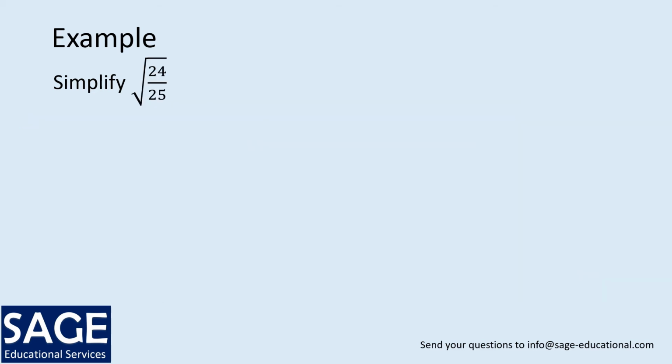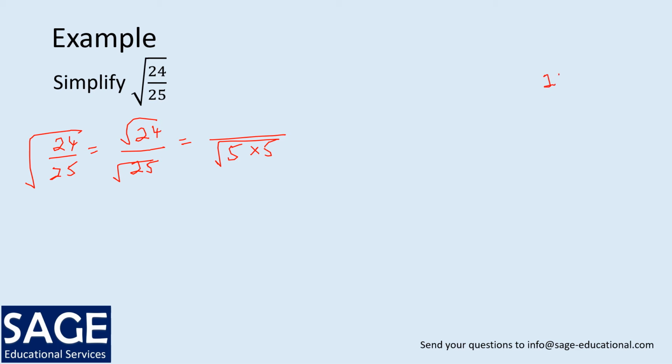Here's another example, the square root of 24 over 25. So the square root of 24 over 25 is the square root of 24 divided by the square root of 25. The square root of 25 is actually the square root of 5 times 5. And now the next thing we need is prime factorization for 24.